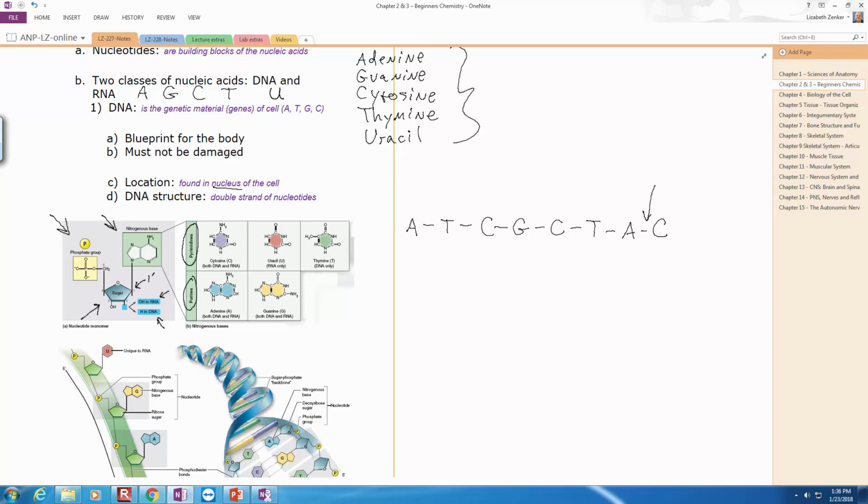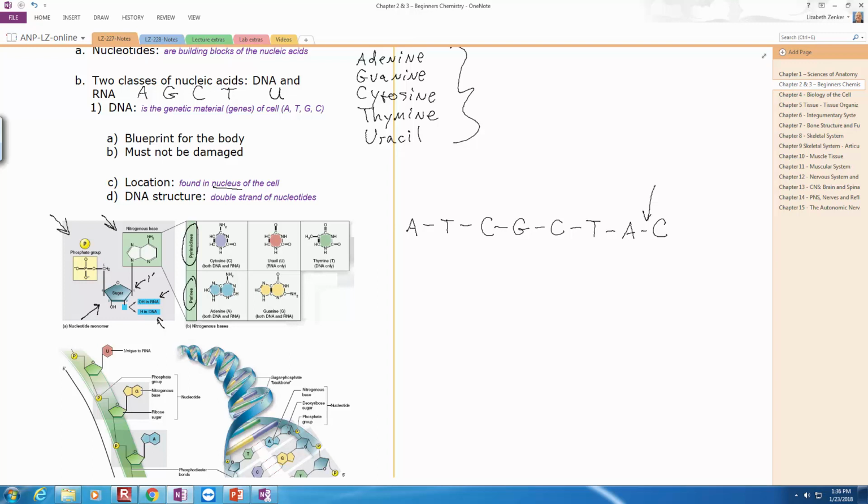So for example, if I said that this is a ribose sugar, with the oxygen on it, would it be a thymine or a uracil? If it has the oxygen, it'd have to be uracil, correct? Because if it were thymine, it would have to be the deoxyribose. So look at it a couple different ways.